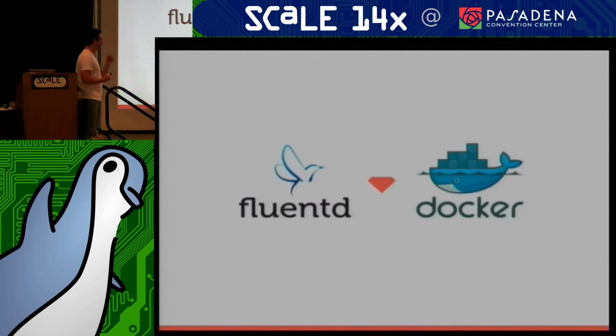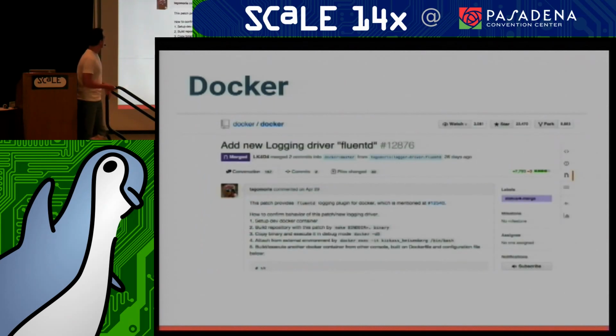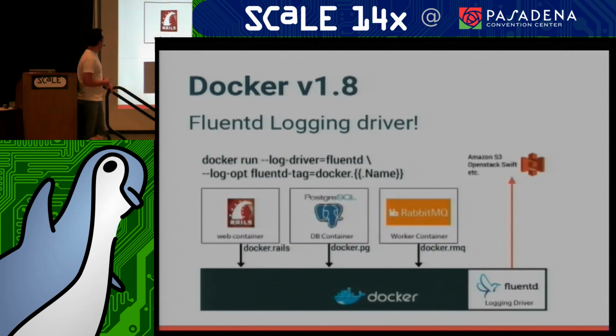So we made a deal, because Docker, in version 1.6, implemented the logging layer. They knew that logging was very, very important. So we went to them and said, okay, we can build the driver for Fluentd natively for Docker. One of our colleagues did the driver, and after a lot of iteration and work, the solution was merged.